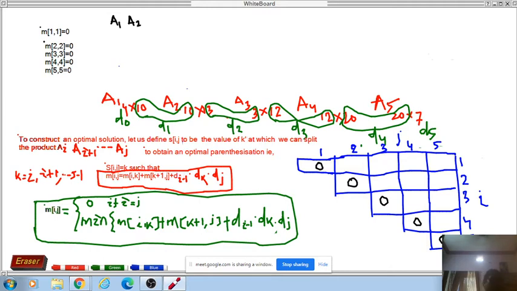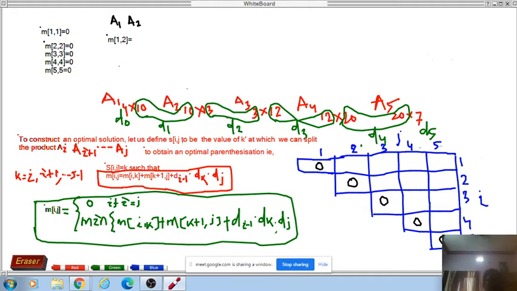This is the main objective actually. I am going to multiply A1 into A2. So first, because you see 1 row 2 column, A1 A2. Similarly, how will you find? That will be found like m of 1 comma 2.